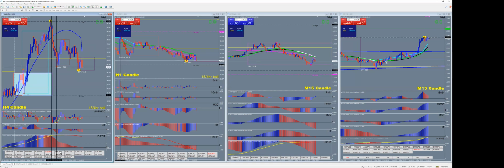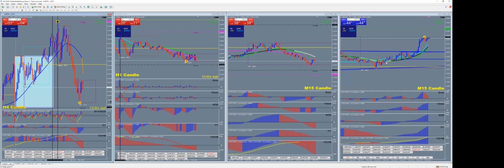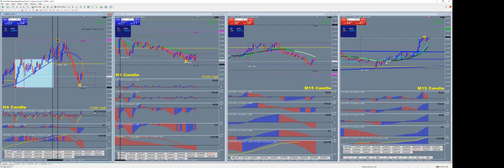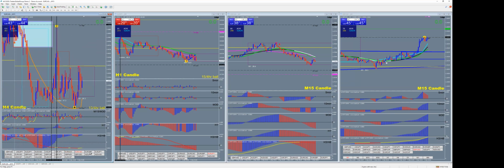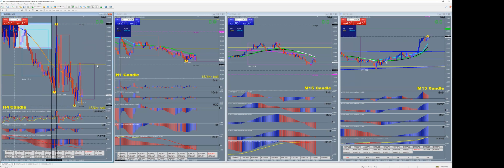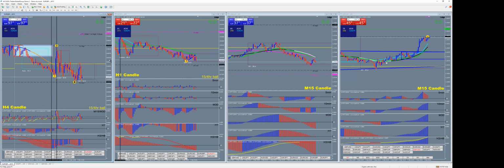And I'll give you another entry of the 5 minute sideways. And there we go. Proof. Did a new high.